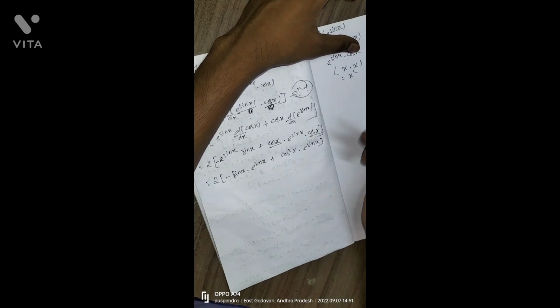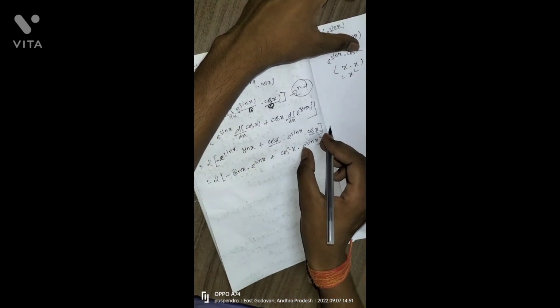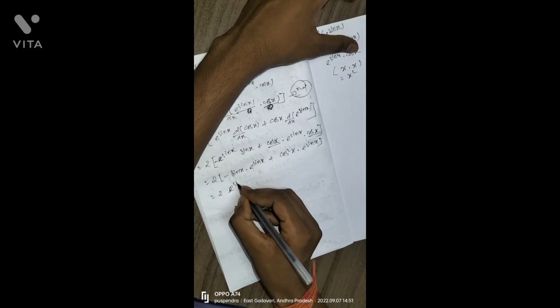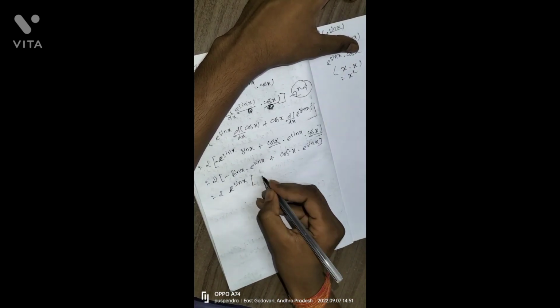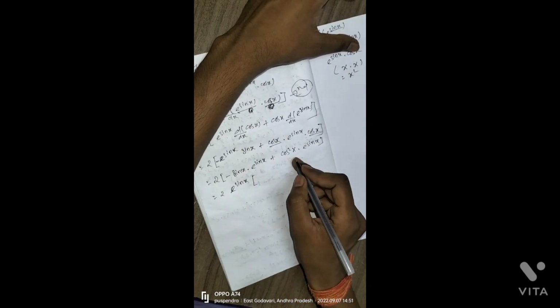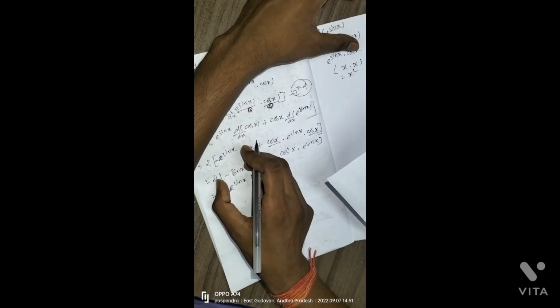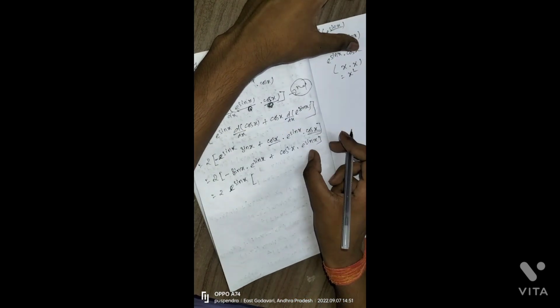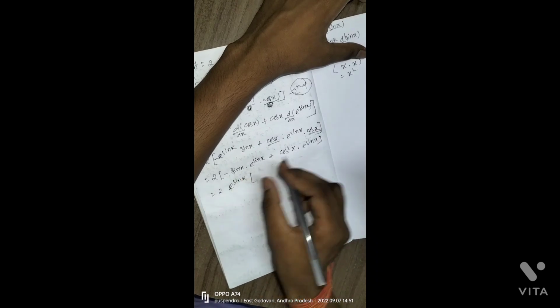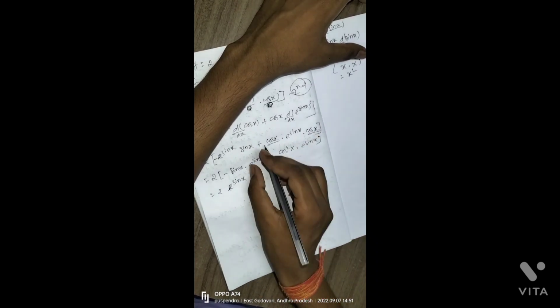Again, one process you can do: take common e to the power sin x. Okay, I'll take 2 e to the power sin x. If you will not do it, then it's okay. Here is minus. If you want to keep this minus in front, then you can take this part here and replace this part here. Here is e to the power sin x, I have to take common; here also e to the power sin x.